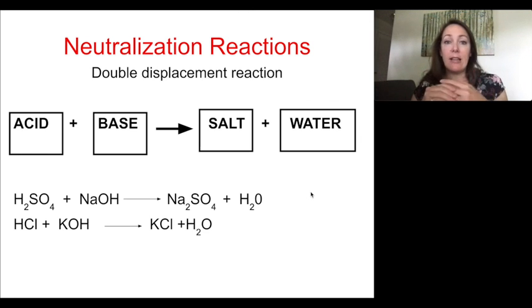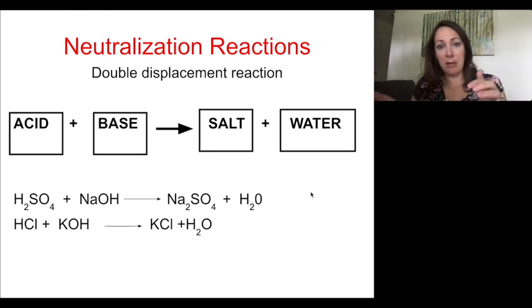Your bases are going to be substances that have a hydroxide or a hydroxyl ion at the end. So you're going to have an OH, okay, at the end of your chemical formula. These bases will fall between like 7.1 and 14 on the pH scale, depending on how concentrated they are.